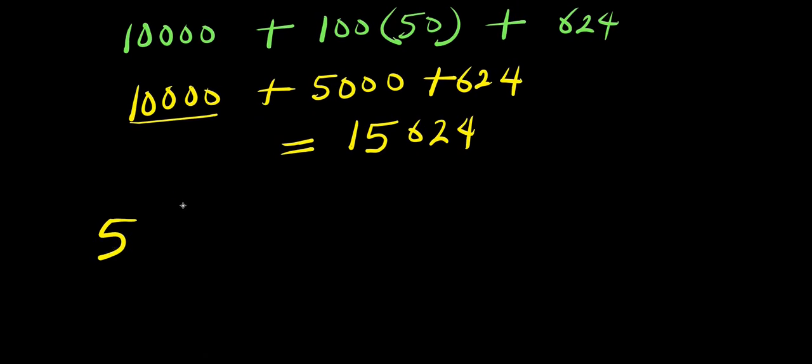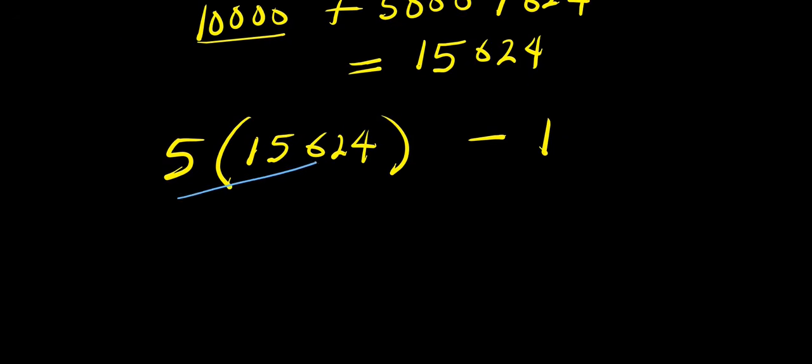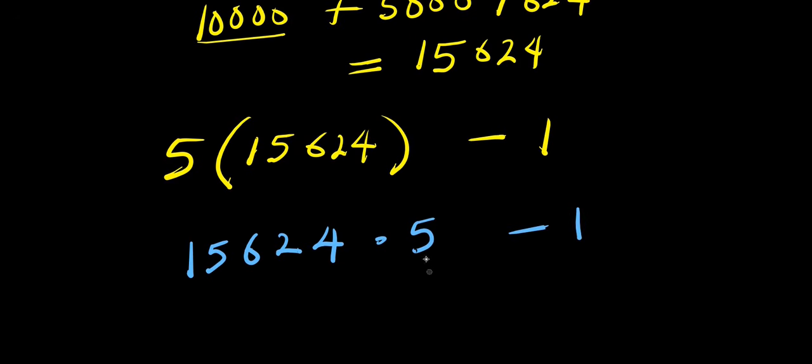I have 5 times 15,624 minus 1. All right, to multiply this out, so let me write it this way. I can have 15,624. Then I have times 5. And I have minus 1. So let's multiply this out. 5 times 4, that is 20.